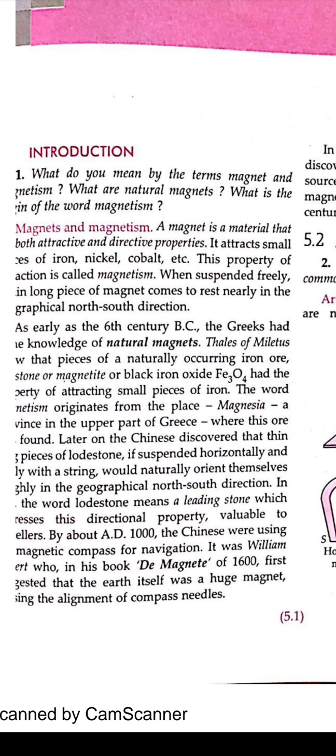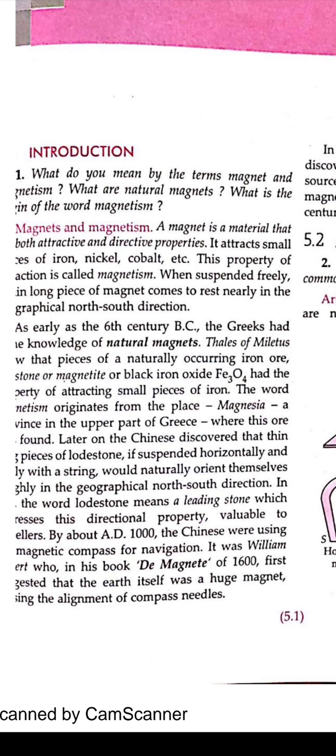After that, China was also a country which discovered the lodestone. When it was suspended freely, they came to know that it shows the geographical north and south, because it aligns itself to the geographical north and south of the earth. That means they came to know about the leading stone.